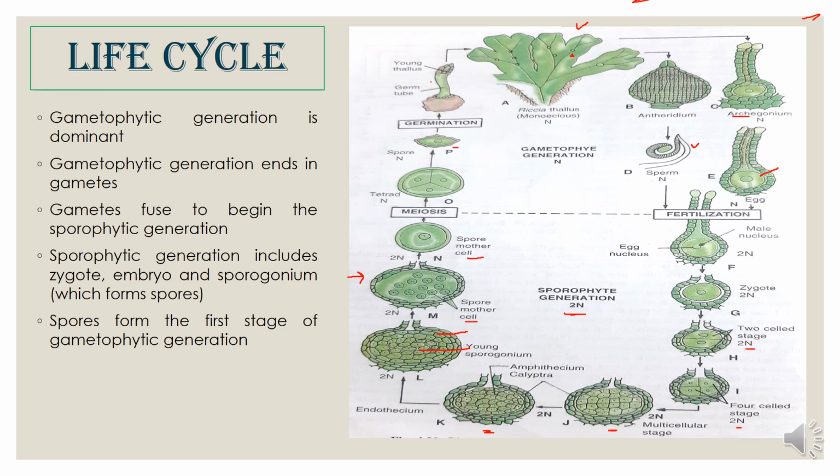The sporophyte of Riccia is special from other Hepaticopsida, because other Hepaticopsida have, in addition to the capsule, a seta, that is a neck region, and a foot region. But the sporophyte of Riccia is the simplest of all the Hepaticopsida. It is composed of just a capsule like structure.